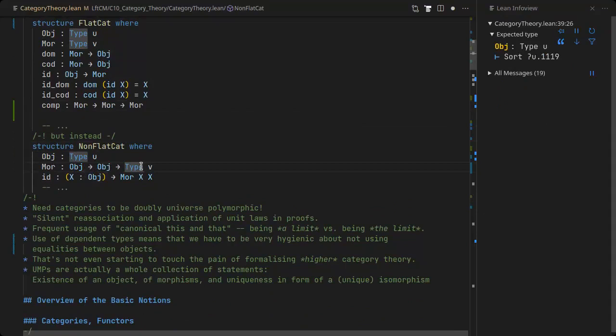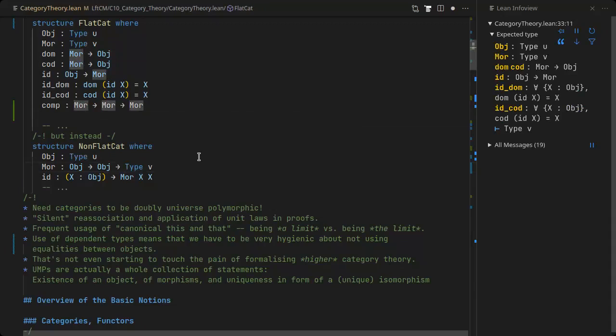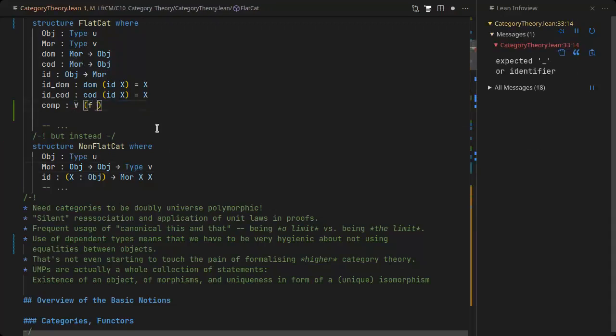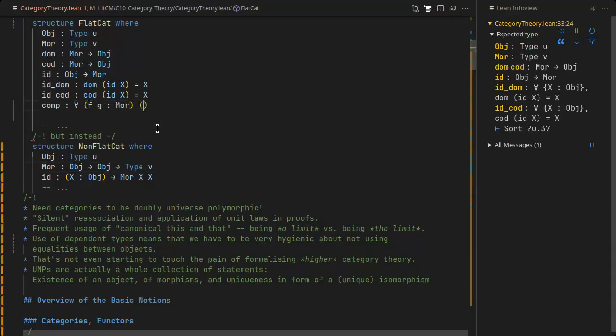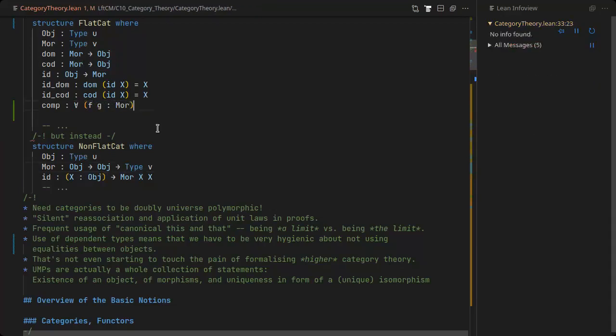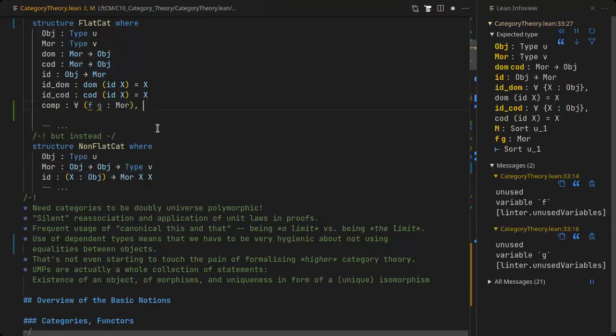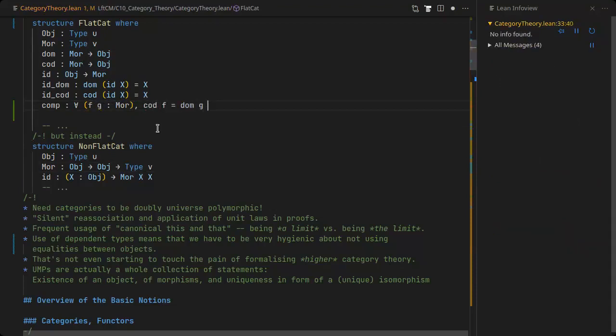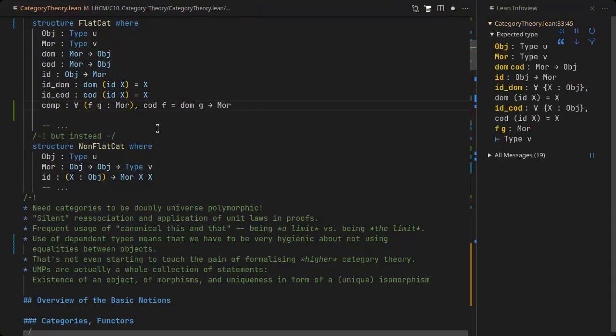Right now, it's not really of type mor to mor to mor, right? Because that would be a global function. Yeah, you could say that for all f and g in mor, if the codomain of f equals the domain of g, then we have something in mor.